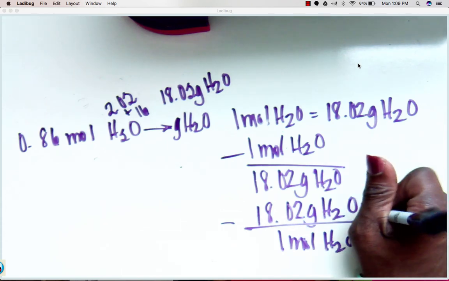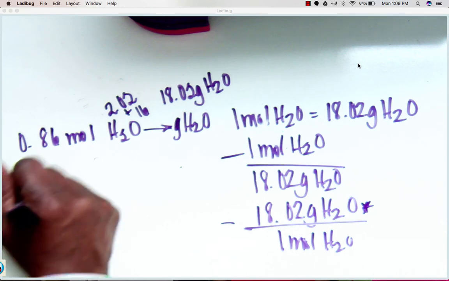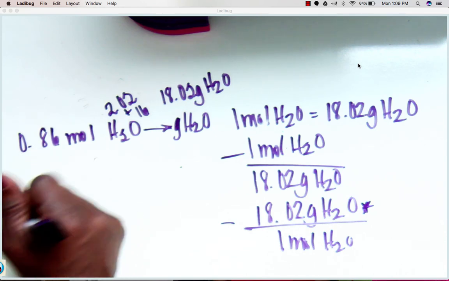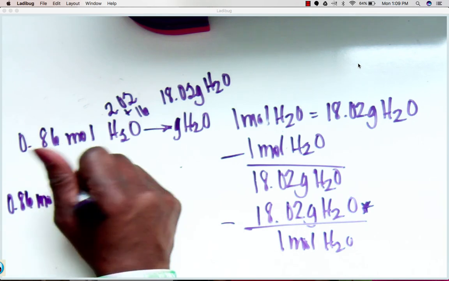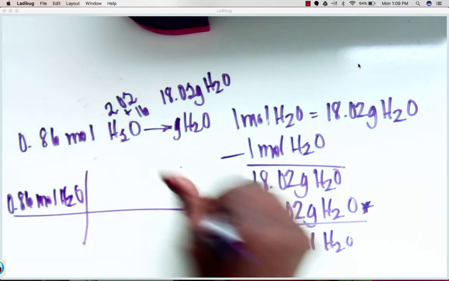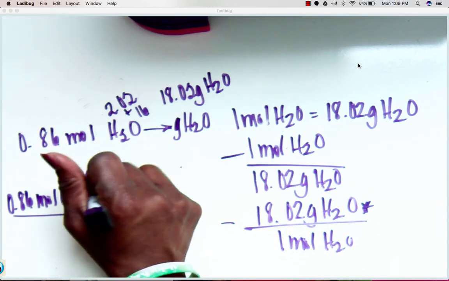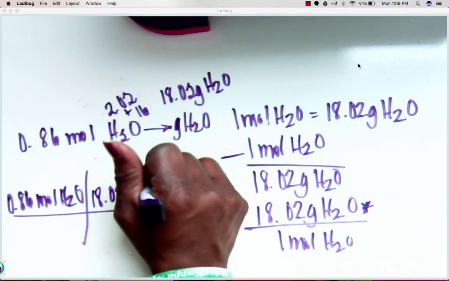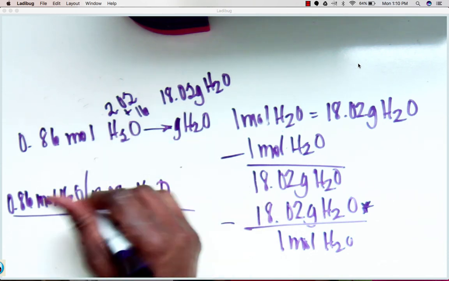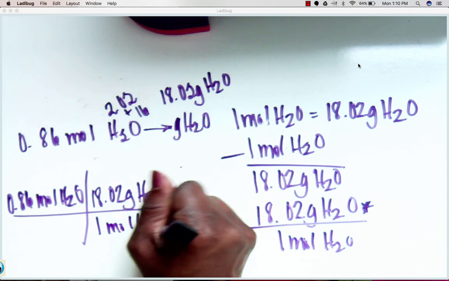So now you're going to start with 0.86 moles of water. Again, we're going to plug that conversion factor into our T-chart. So it becomes 0.86 moles of water, and then you have 18.02 grams of water in the numerator and 1 mole of water in the denominator. We need our like units to cancel.